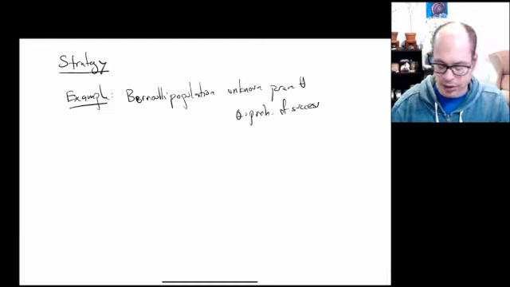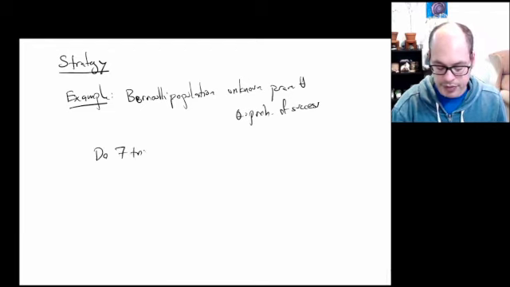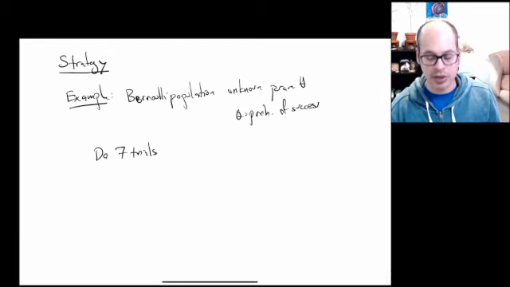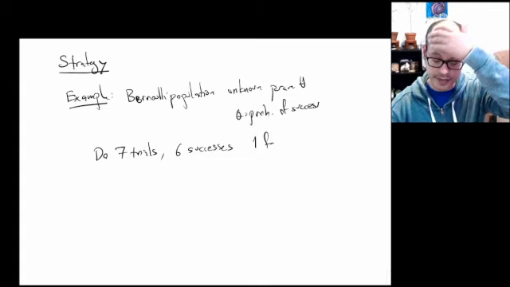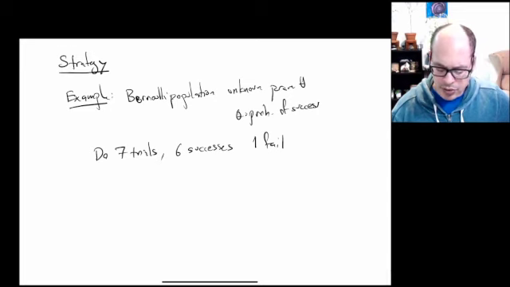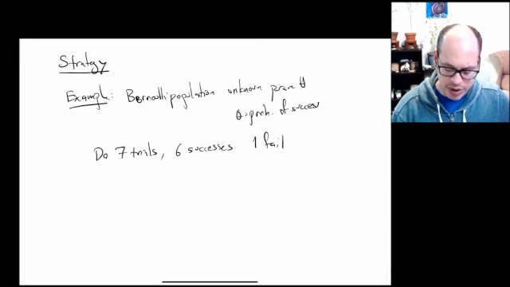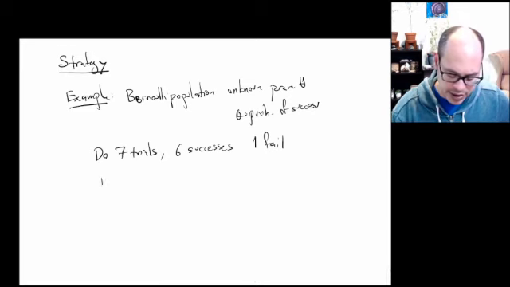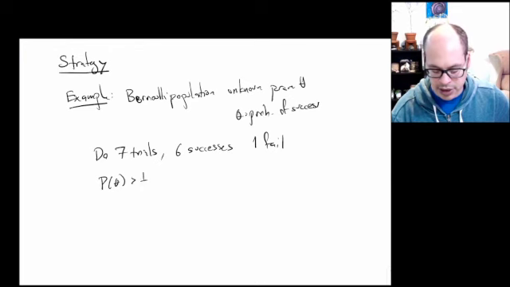Let's say we do, for example, 7 trials, 7 coin tosses, so to speak, and we get 6 successes and 1 fail. So if this was a different kind of course, a different kind of question, we might ask, what's the probability that our parameter theta is at least a half?